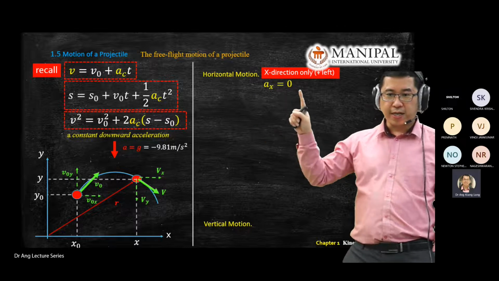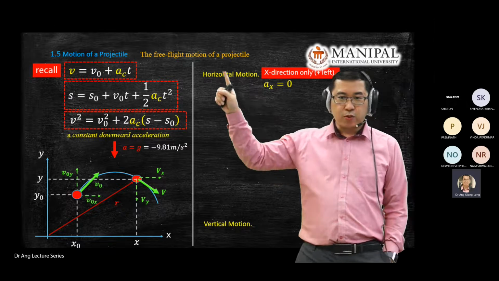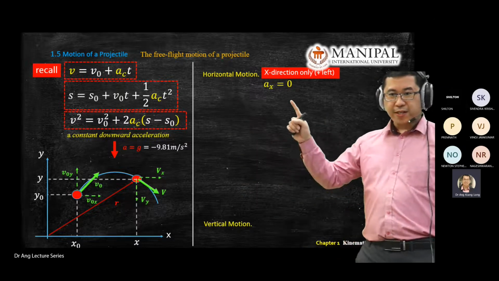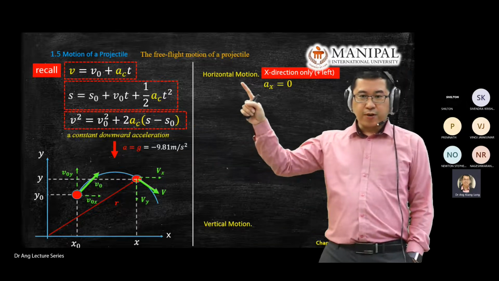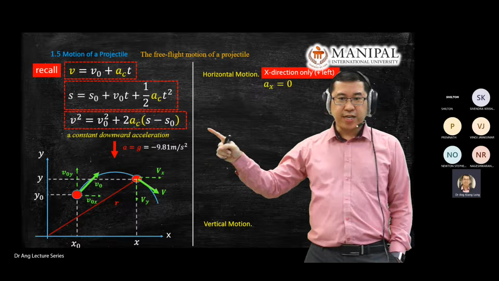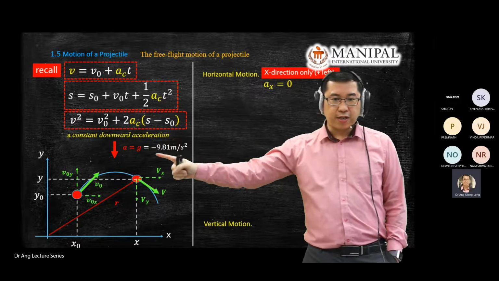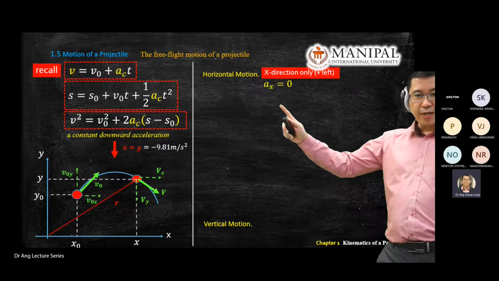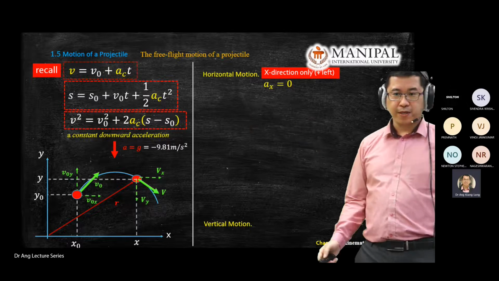This is another area where students forget when they do projectile questions. When you look at horizontal motion, acceleration in the x direction is 0 because gravity goes down all the time. Take note, a sub x equals 0 for horizontal motion.